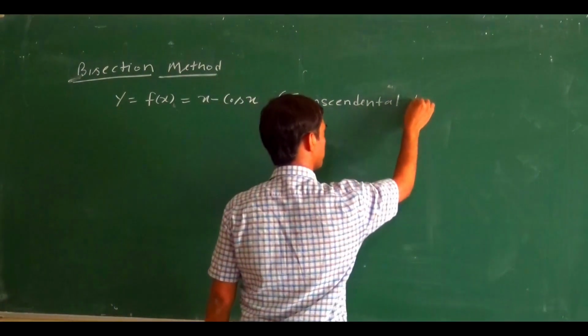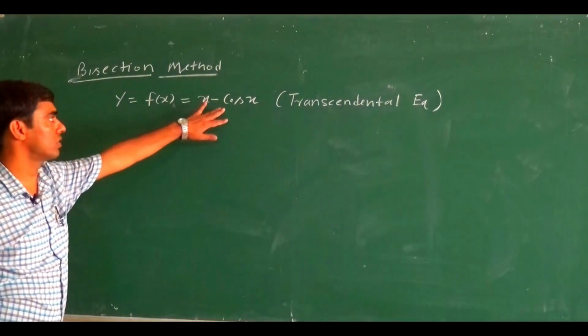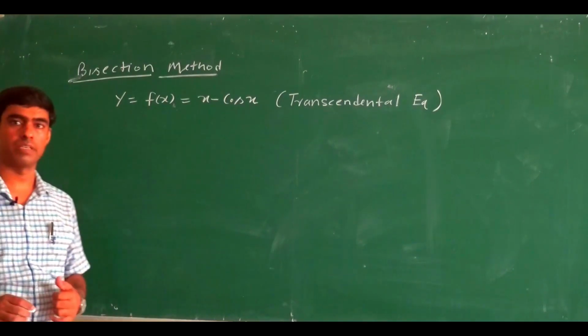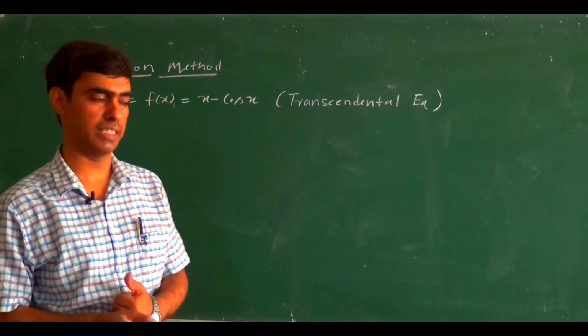Why is this a transcendental equation? Because there is an involvement of a special function. So what is the procedure? First of all, we find a value where the value of the function is positive, and another value where the value of the function is negative.